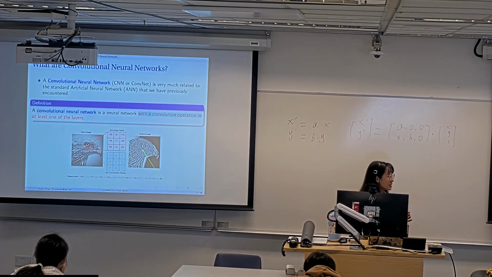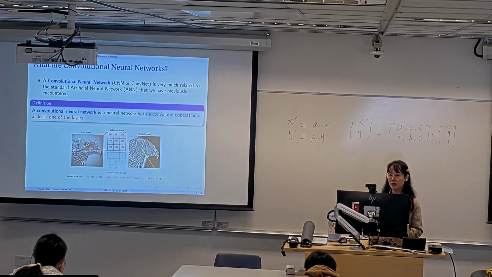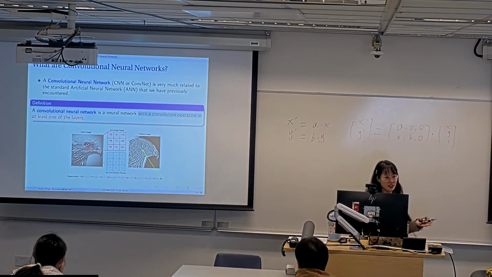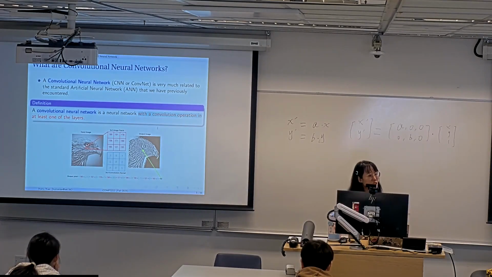As long as we put some convolution operation in the neural network, it's already called a convolutional neural network. So at least one of the layers must be a convolutional layer. Then it's CNN.